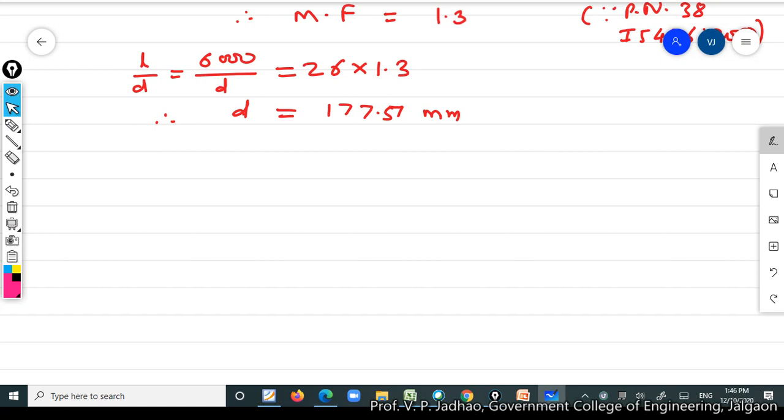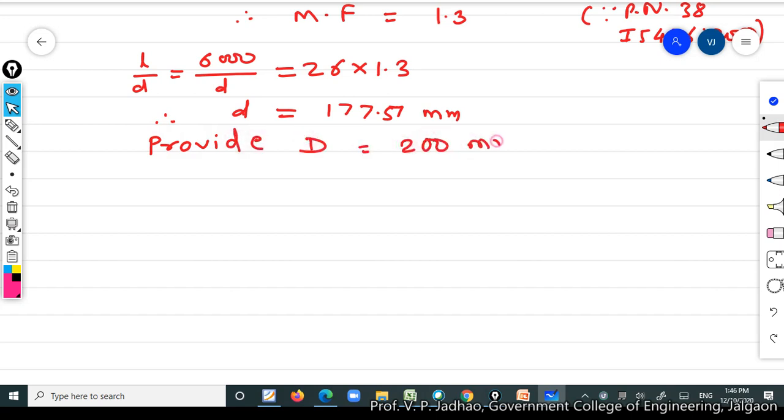Let us provide total depth D equal to 200 mm, where D is the overall depth.